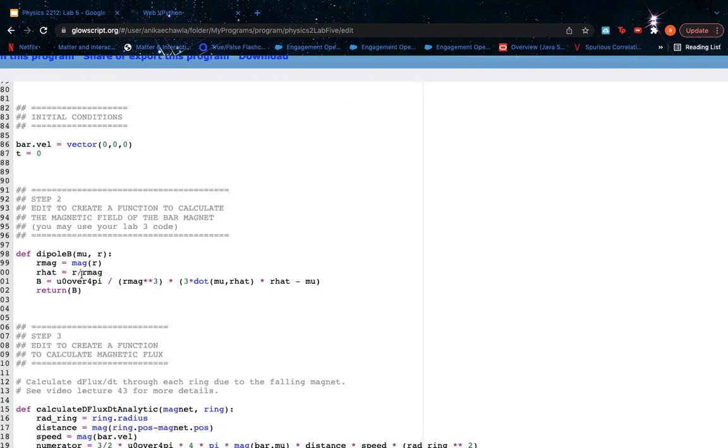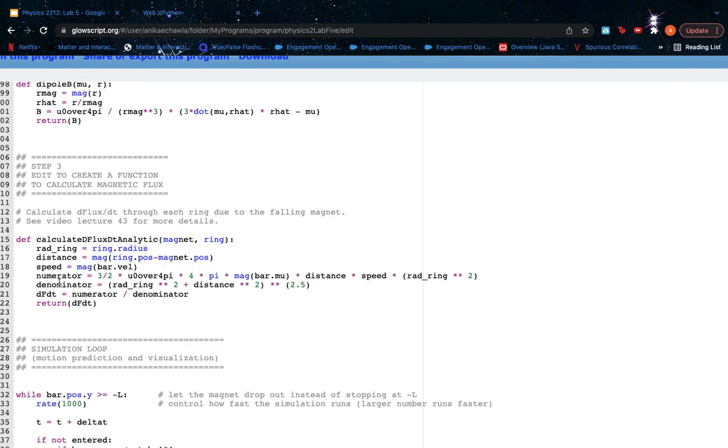And then here we calculate the magnetic field of the bar magnet. We can see that r hat is r over r mag, and then we use the Biot-Savart law to find B, which is the magnetic field. Then we calculate the flux for each ring of the falling magnet.